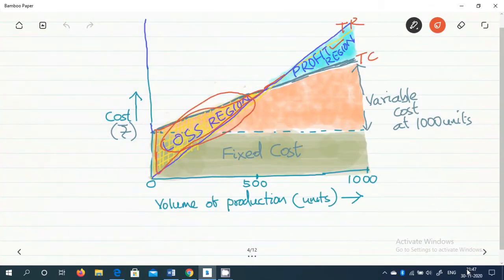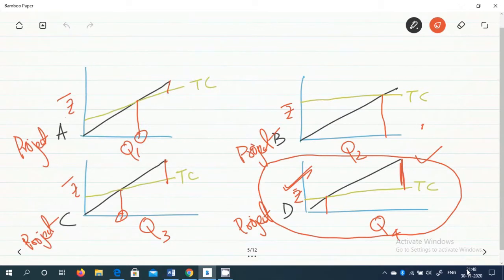After this we get the profit. Profit equals total revenue minus total cost.